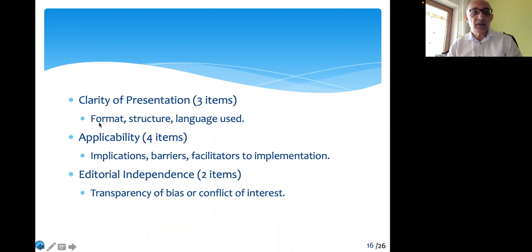Clarity of presentation: we have the format, structure, and language used. Under applicability, it is checked whether implications, barriers, and facilitators to implementation are addressed. And under editorial independence, transparency regarding bias or conflict of interests is addressed.